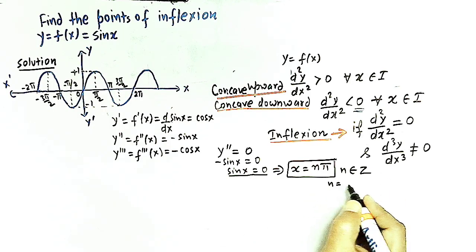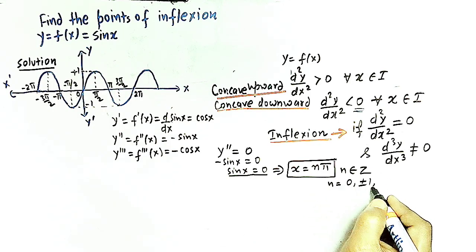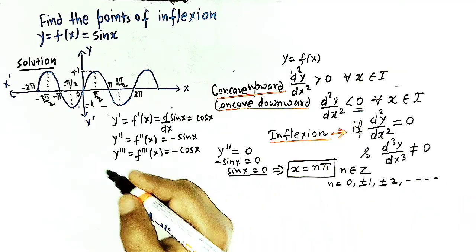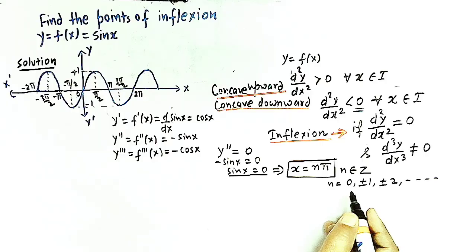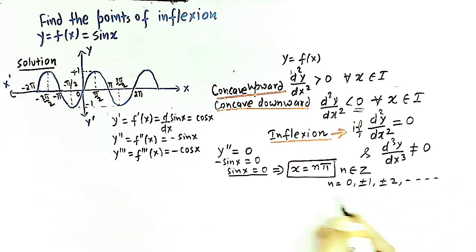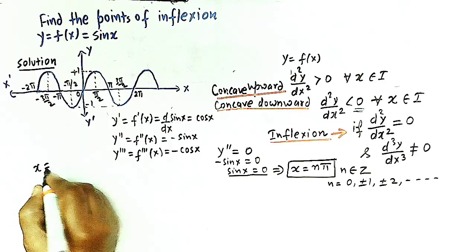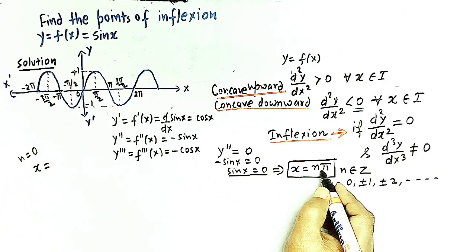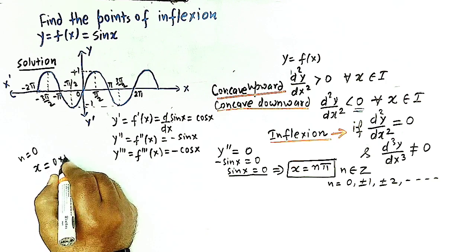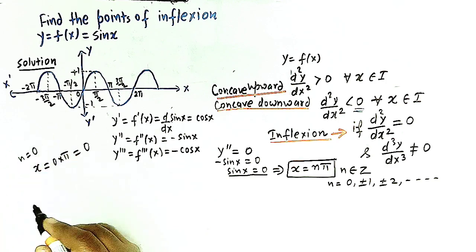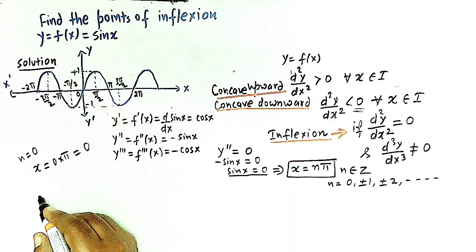So here we have n is equal to 0, plus minus 1, plus minus 2, and so on. So we can find out the points of inflection by taking n is equal to 0, plus minus 1, plus minus 2, and so on. So here taking n is equal to say 0, we have 0 times pi, that is equal to 0. So x is equal to 0 is one point of inflection.